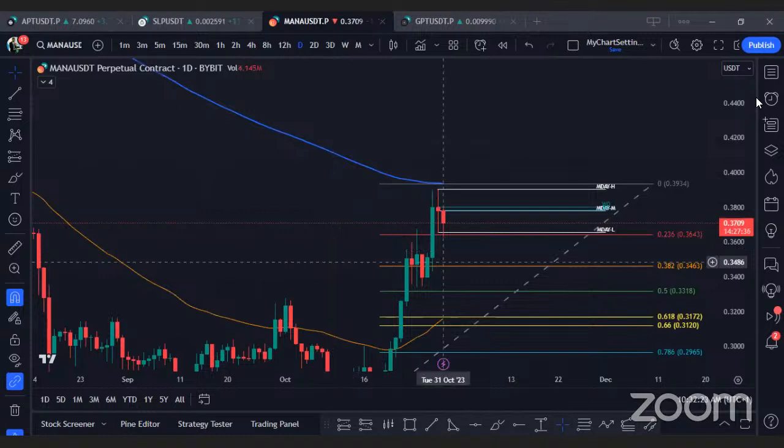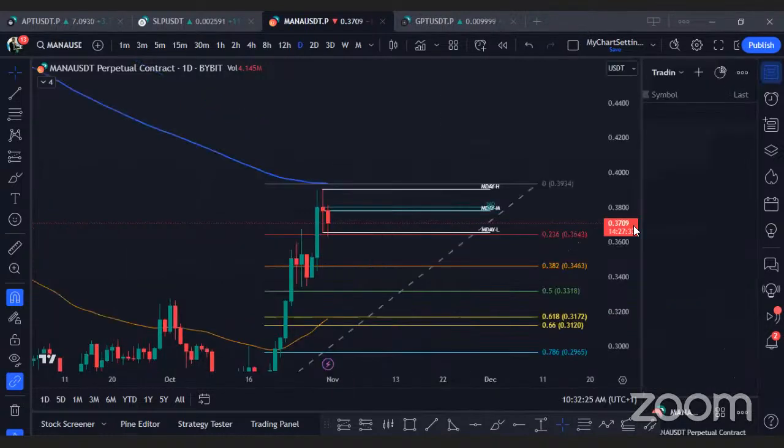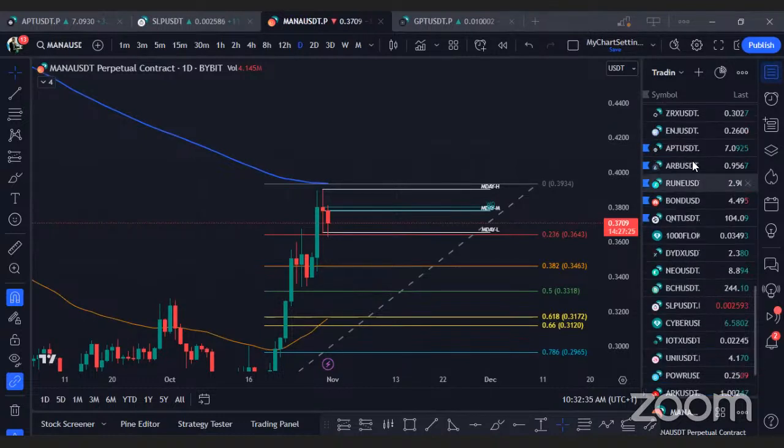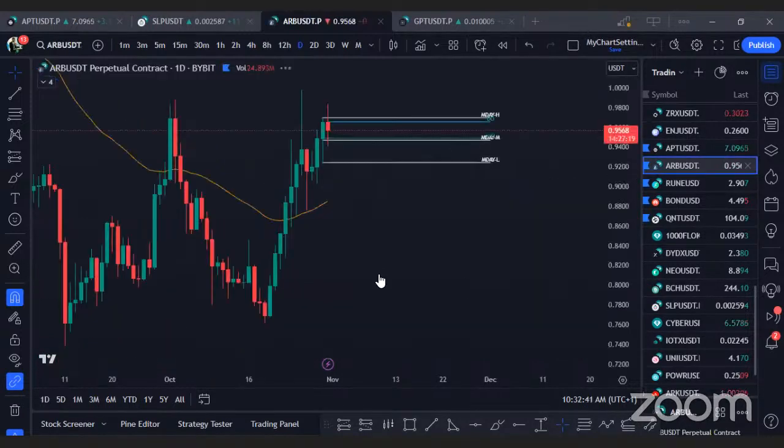Just a recap, few tokens I'm looking at, guys. I'm looking at that RUIN to look for a short. ARB, I'm holding on for a long trade.